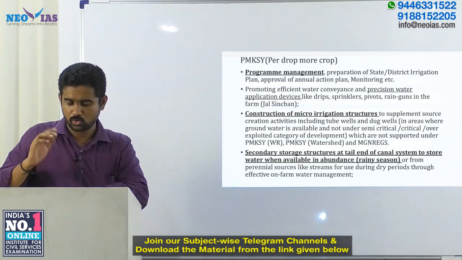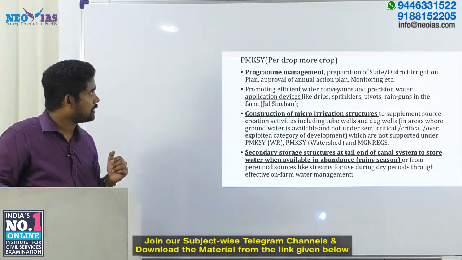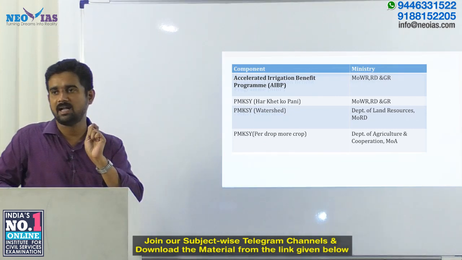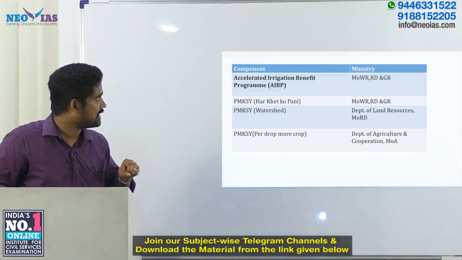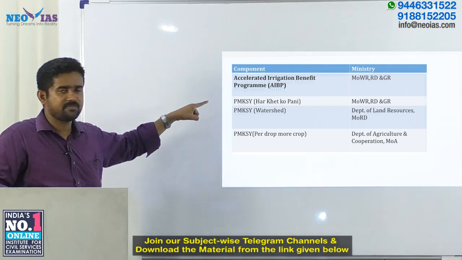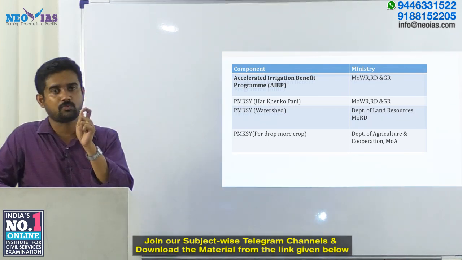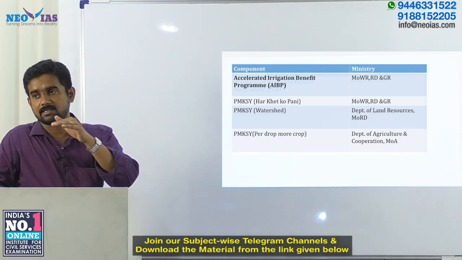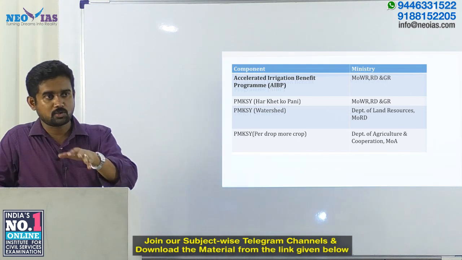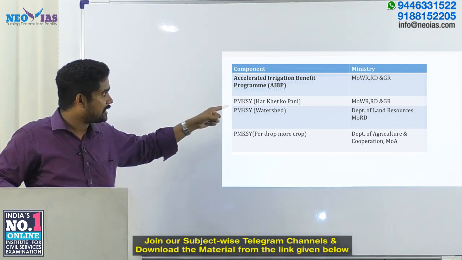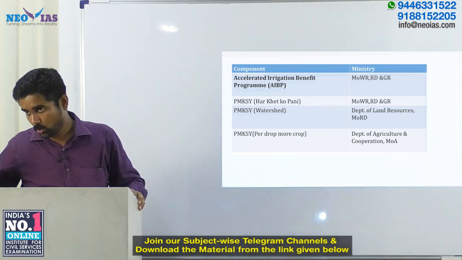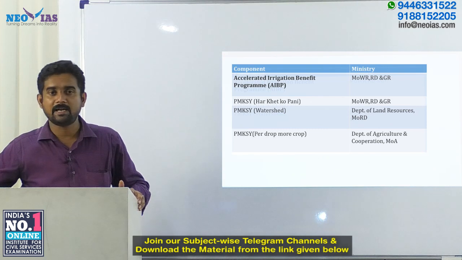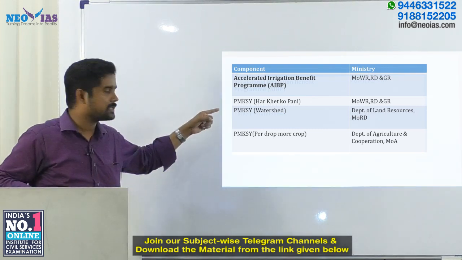A quick understanding of each would help us in eliminating options and getting the right answers. The Accelerated Irrigation Benefit Programme's key objective is to focus on the construction of irrigation systems which are not in place as of now, whereas Har Khet Ko Pani focuses on the source generation part, and from source generation, ensuring water availability across the fields is what the second component takes care of.